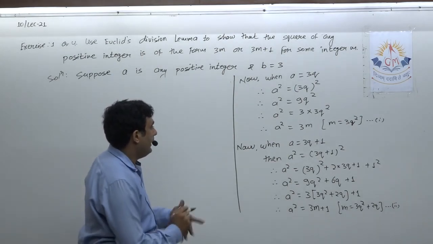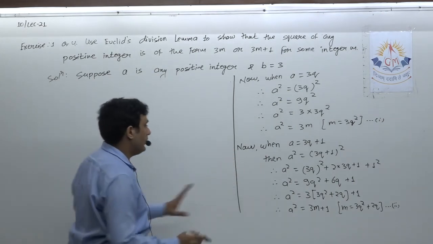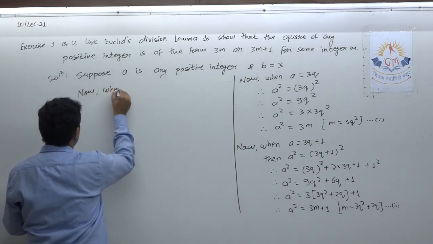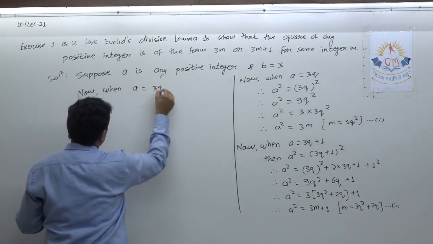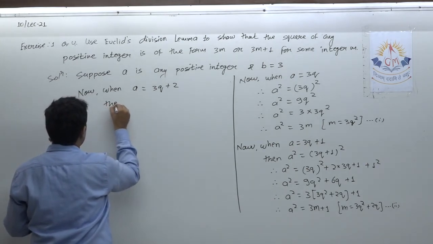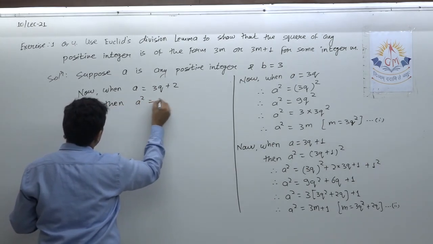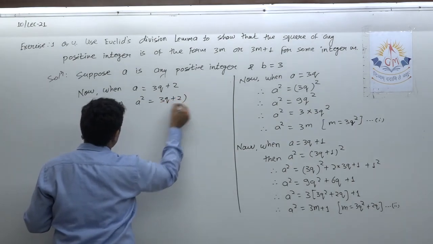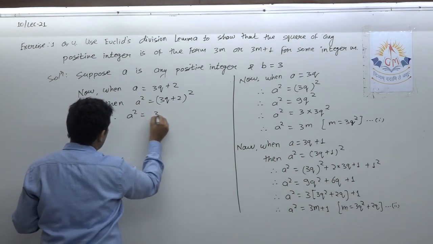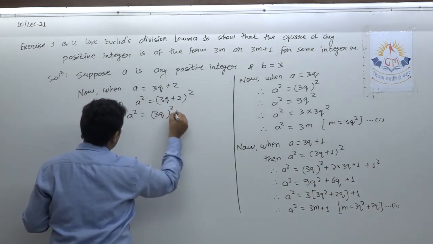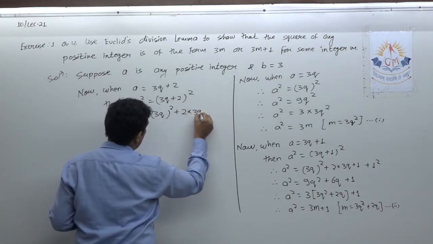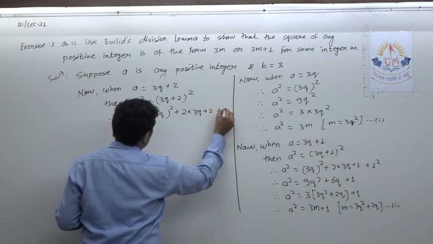Now when a is equal to 3q plus 2, the last case, then a square is equal to 3q plus 2 whole square. Therefore a square is equal to, again here I will apply the identity of a plus b whole square, that is a square plus 2 into a into b plus b square.